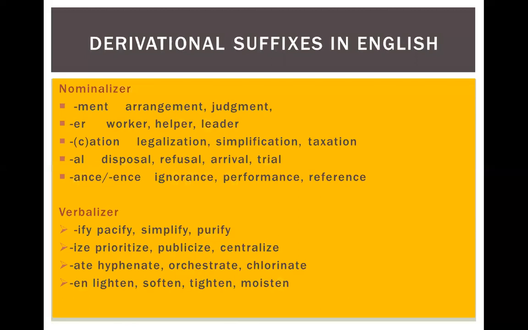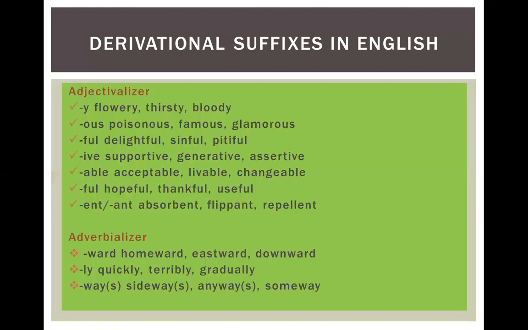When we come to derivational suffixes in English, we can talk about the nominalizer, the set of words like -ment, -er, -ian, -al and -ance: arrangement, worker, realization, refusal, ignorance. And verbalizer: specify, centralize, enlighten, soften, tighten, and moisten.